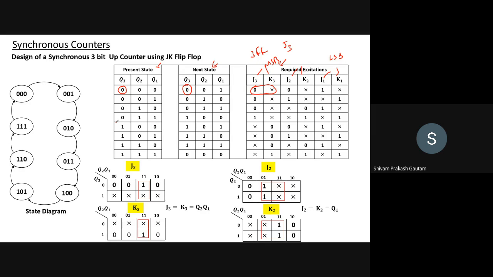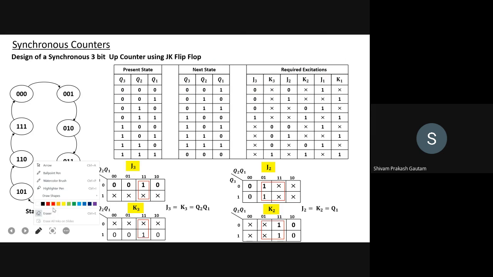Next state, we will see. Now consider past state is 0, future state is 0. It will remain 0, don't care. So this is the same. Now consider this case when past state is 0 and future state is 1. Now you have to again look back to the excitation table. So you have to be aware.